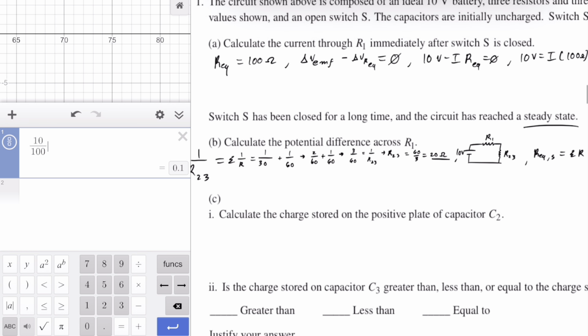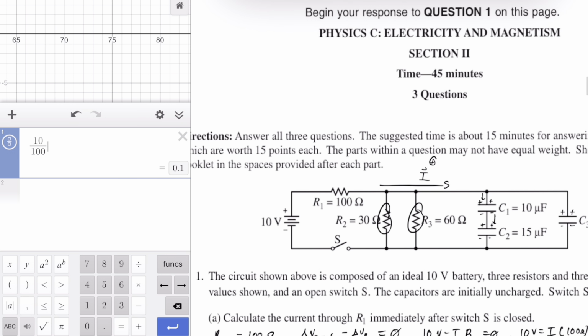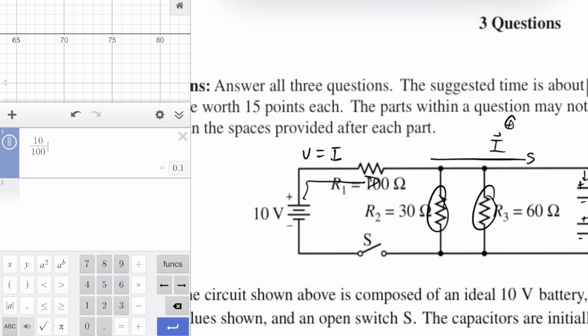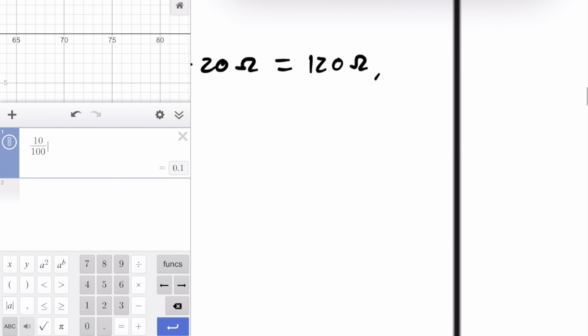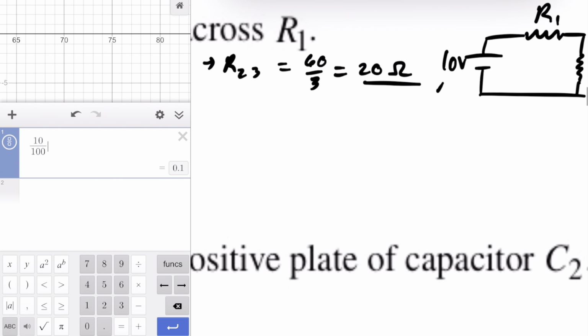And you might be asking, hey, why are you doing all of this to get the potential difference? We're getting there. First, we need the current that's coming out of this battery going through here, because if we have the current, by Ohm's law, V equals IR, if we know R1, all we need is the equivalent current to get the voltage across R1. This is the fastest way to do it, I promise you. So bear with me. So now I have 120 ohms as the equivalent resistance of the whole circuit.